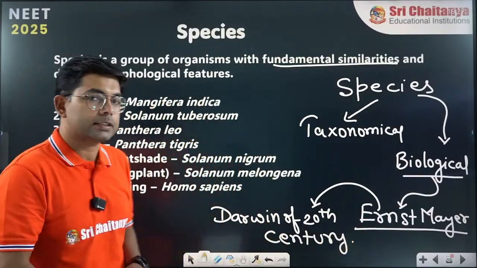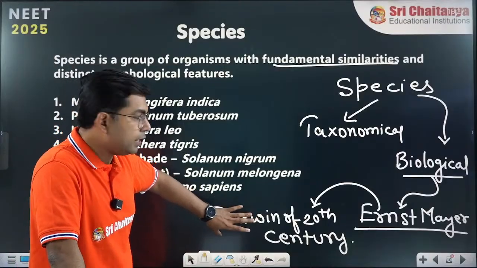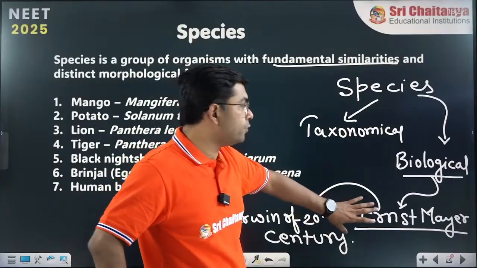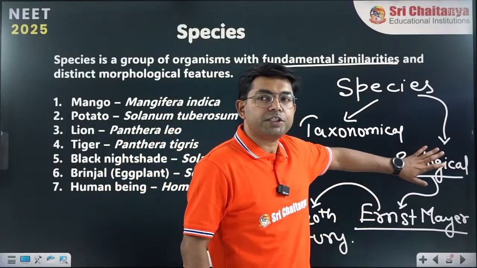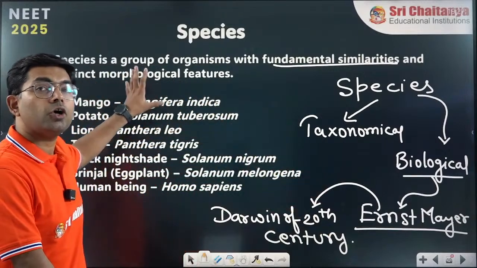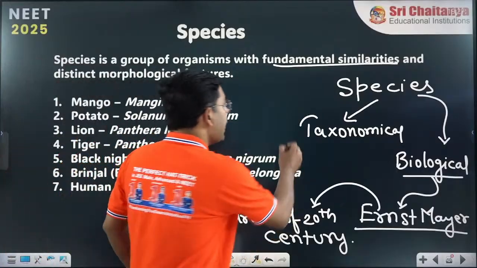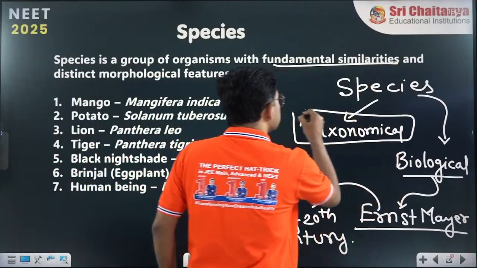Several times it is asked. In the past, the question was asked, who is the Darwin of the 20th century? Ernst Mayr. Who gave the biological concept of species? Ernst Mayr. But what we are discussing here is not the biological concept. We are talking about the taxonomical concept of species.